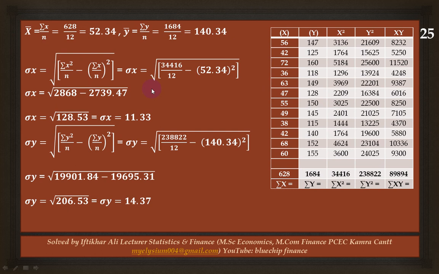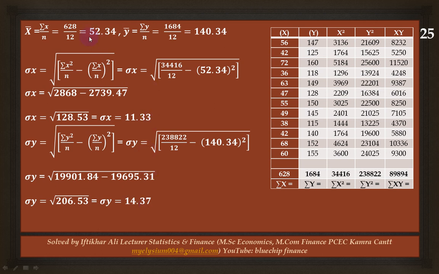Similarly, we need the standard deviation of X and standard deviation of Y. We already discussed and solved in previous questions, so the formula is given here. Just simply put the values into the formula and we can take the standard deviation of X and standard deviation of Y.